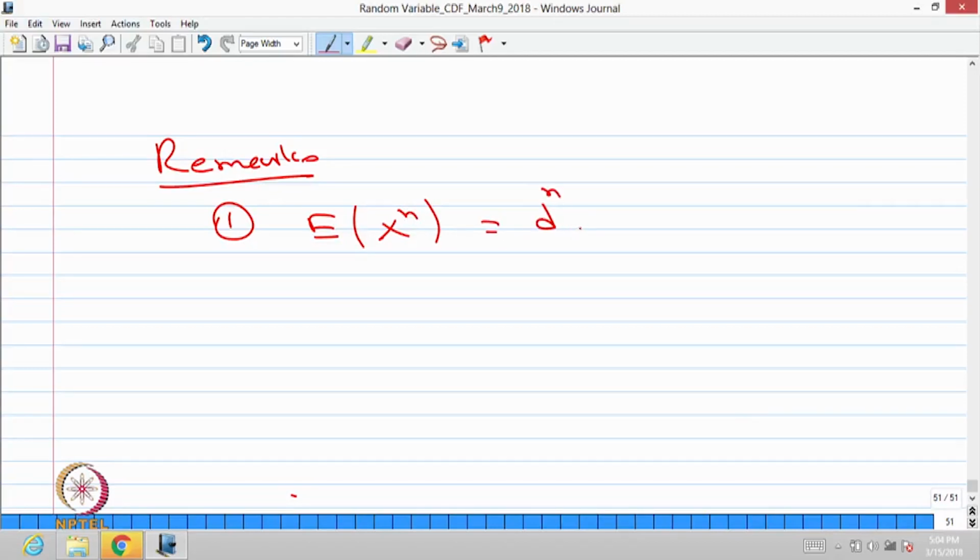As remarks, the first remark: one can get the nth order moment about the origin from the MGF by successive derivative of the moment generating function n times with respect to t, then substituting t equal to 0.